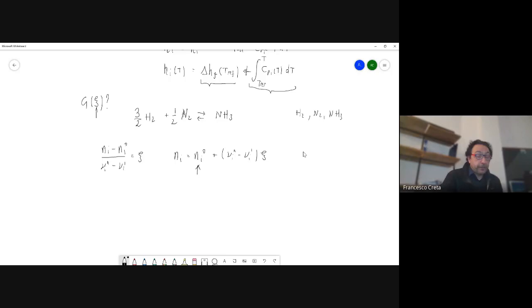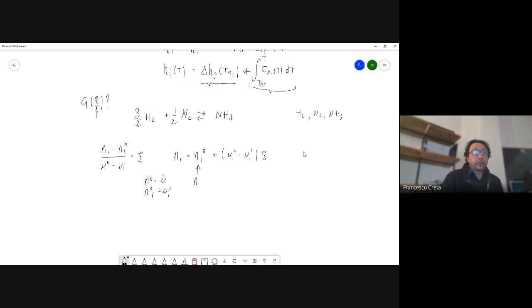For sake of simplicity, we can choose the initial vector as essentially the stoichiometric vector, so n0i as ni prime i.